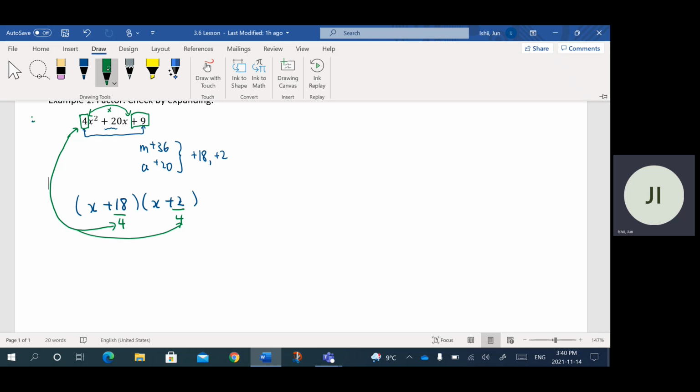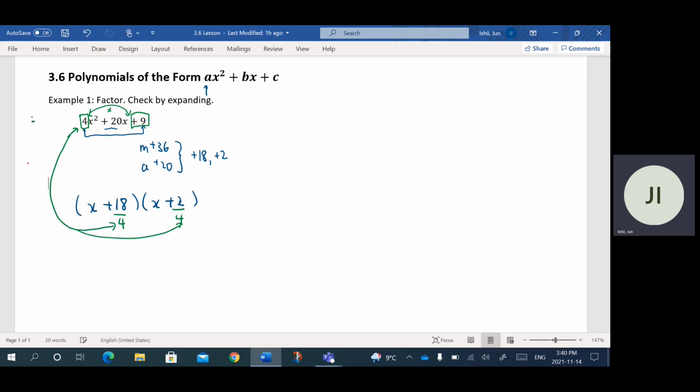As a result, we'll have fractions here. If you can reduce the fraction, you do. In this case, 18 over 4, I can reduce as 9 over 2. Likewise, the 2 over 4, I can reduce as 1 over 2.